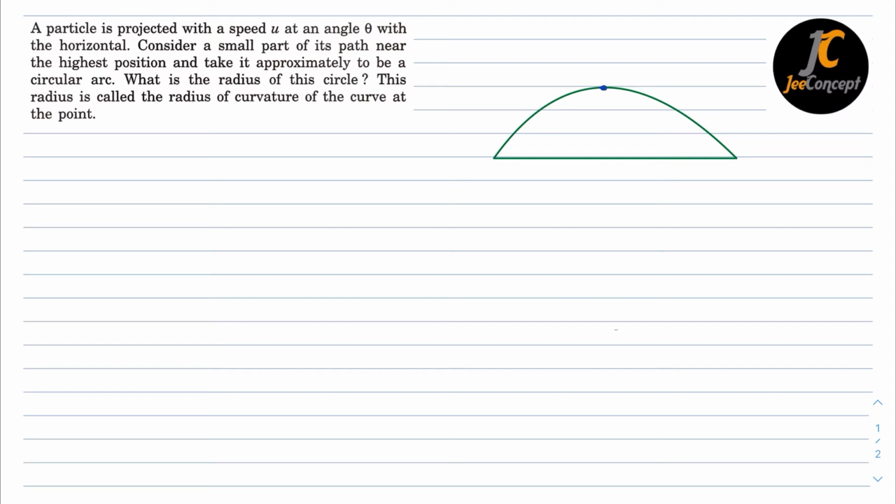Fine. So the given data is initial velocity is u and it is projected at an angle theta. So at any instant we know that the horizontal velocity is u cos theta and initially the vertical velocity will be u sin theta.